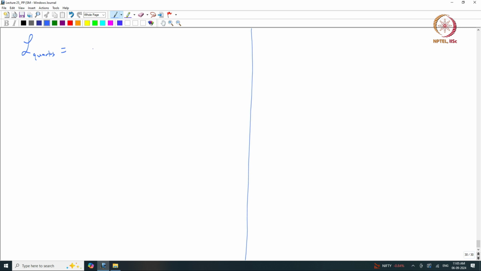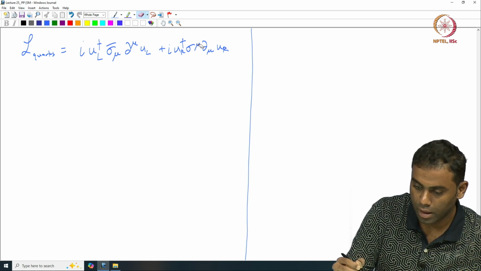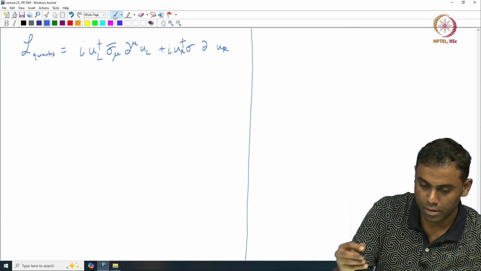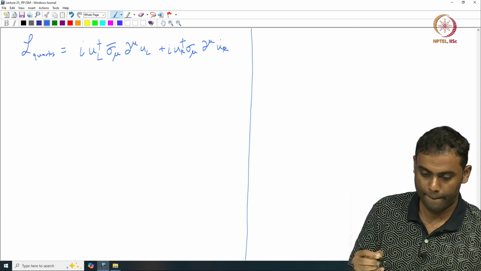So, that means in 2 spinor notation, which is really the only notation that gives you a physical feeling for what is going on. Remember, this is how I would have written the, maybe I am switching upper and lower indices, let me be consistent about that, right.